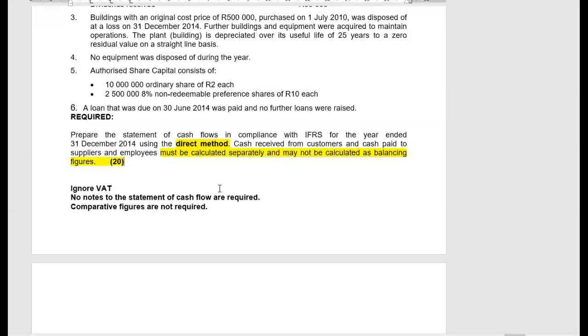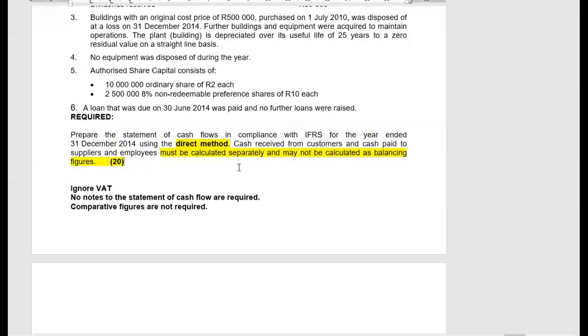If you've done your reconciliation note and your cash received from customers, then it is fairly easy to say that cash paid to employees and suppliers must be the balancing figure. You can do it that way, except where the question tells you that it must be calculated separately and may not be calculated as a balancing figure.